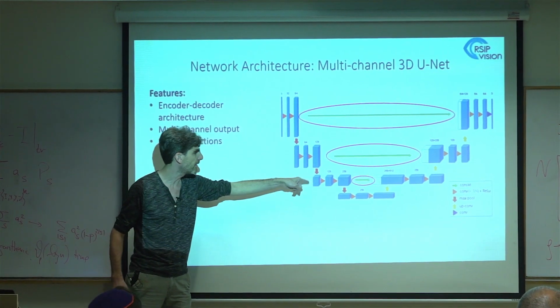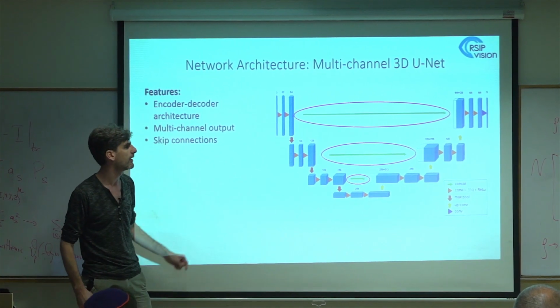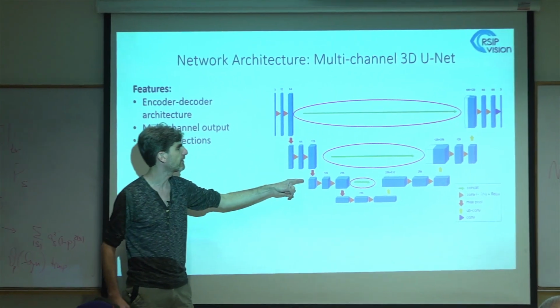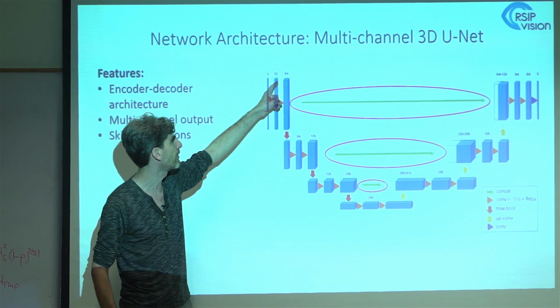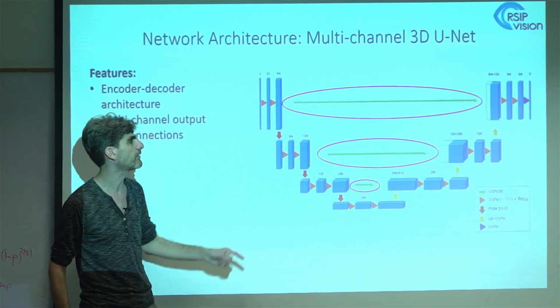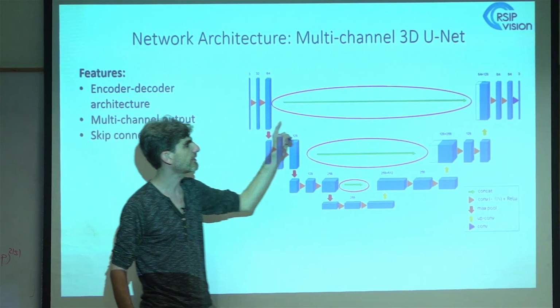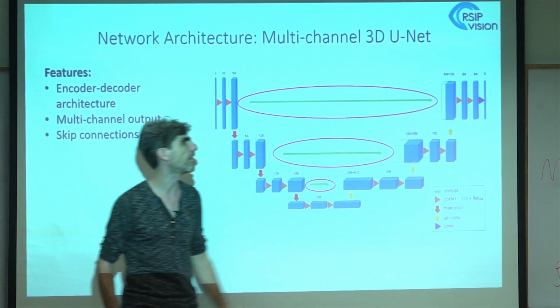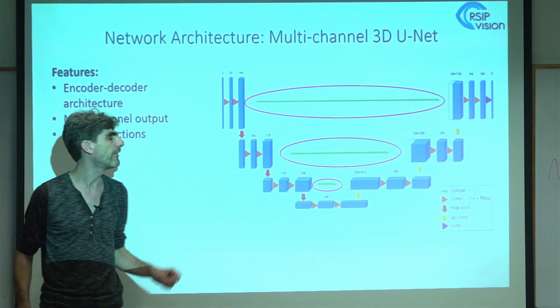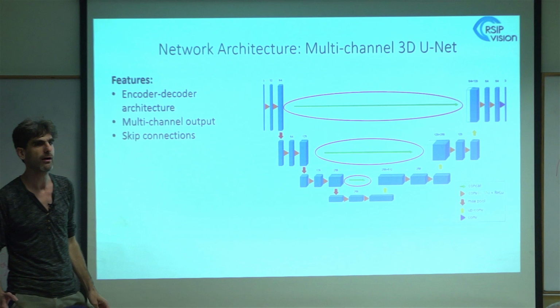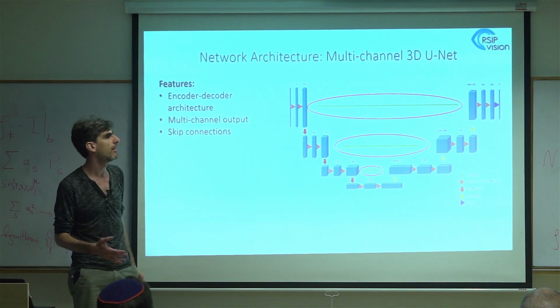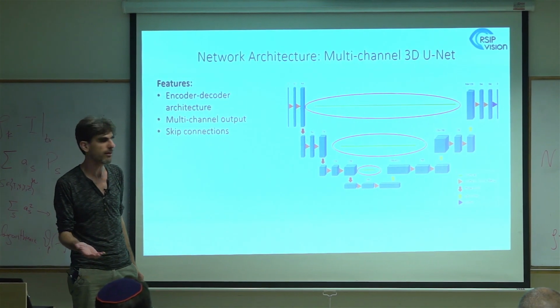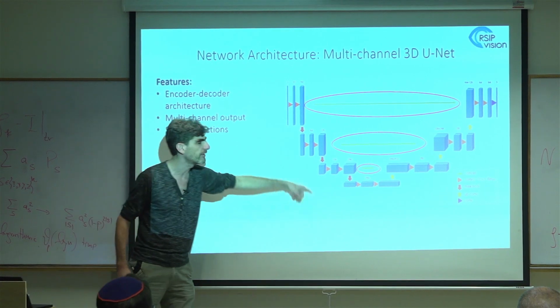But it won't have any local information because the resolution is lower. So over here, we're taking these higher resolution feature maps, or things that are even close to the image itself up here, and we're just copying it over to the other branch of the network. And therefore, the filters in the decoder arm are going to learn both to use the local information as well as the context that it's getting from here.